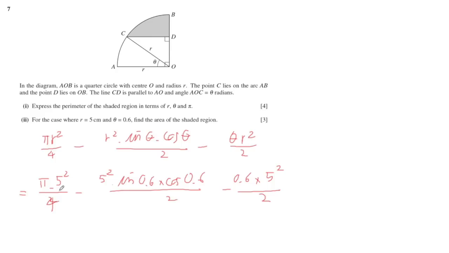You get pi times 25 divided by 4, minus 25 times cos 0.6 times sine 0.6 divided by 2, minus 0.6 times 25 divided by 2. So the result is 6.31. Here is my result. Okay, I hope you understand this question.